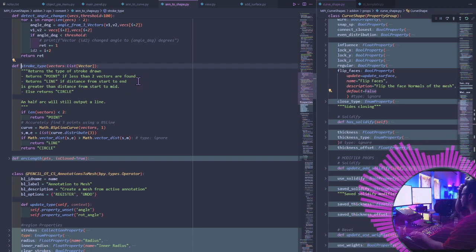A point will just give you 1 vector, obviously. I didn't even realize that line here looks at the distance from start to end. I haven't looked at this in a while. And if you can't determine if it's a point or a line, it gives me a circle.